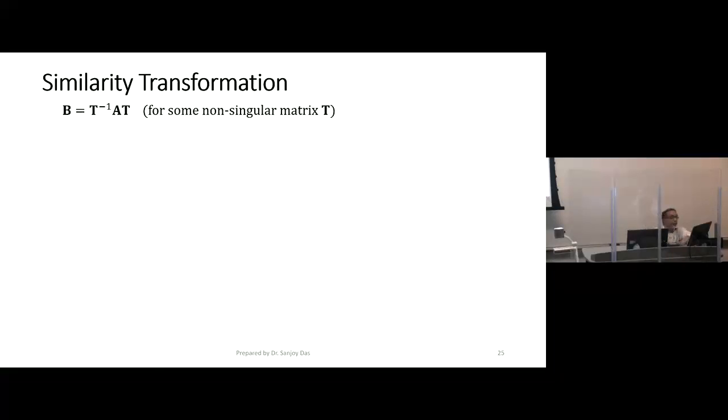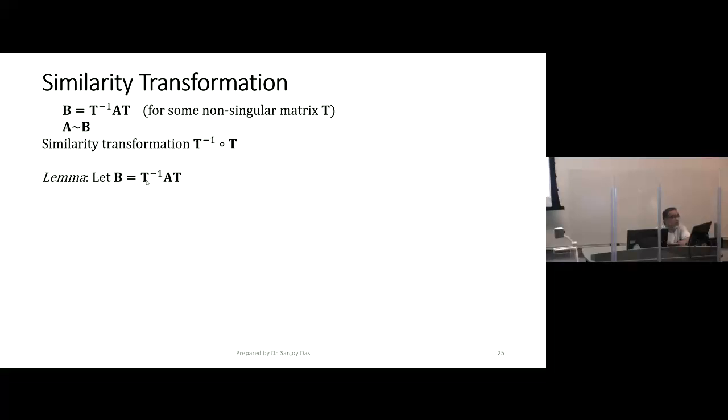Okay? So we showed this. This is the definition of a similarity transformation. So B is related to A via this similarity transform. For some non-singular matrix T, this is what we say: A is similar to B, and this is the similarity transformation. Now, for these similar matrices, what can we say about their eigenvalues and eigenvectors?